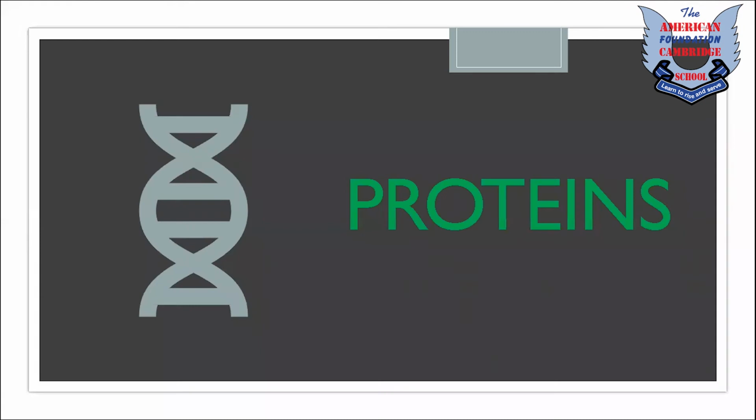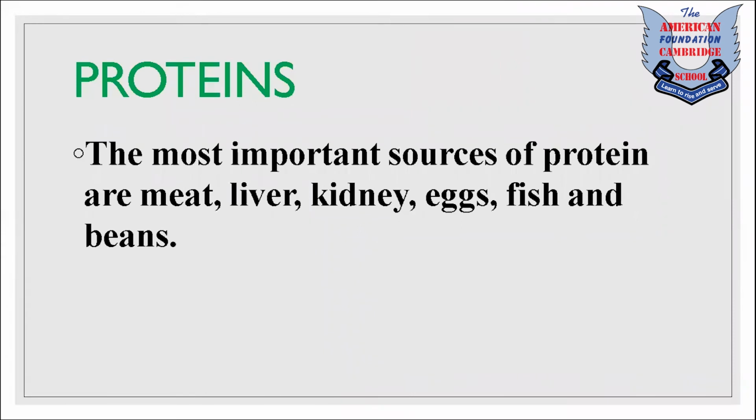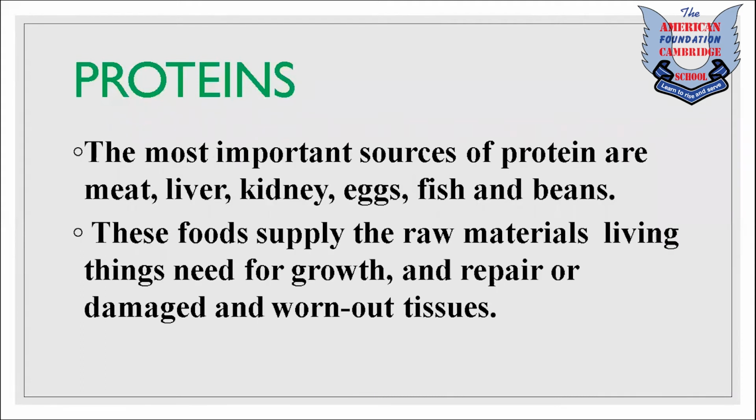Okay. Moving towards proteins. The most important sources of proteins are meat, liver, kidney, eggs, fish, and beans. These foods supply the raw materials living things need for growth and repair of damaged and worn out tissues. What does it mean?